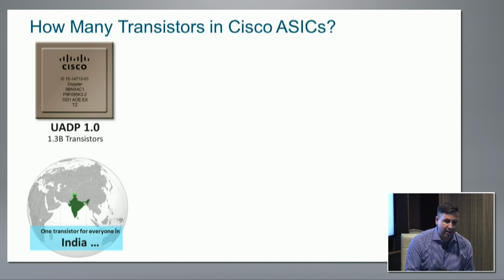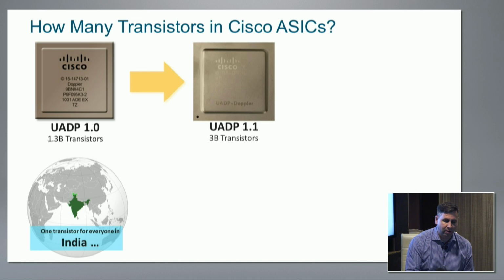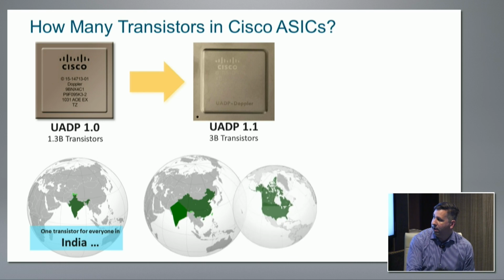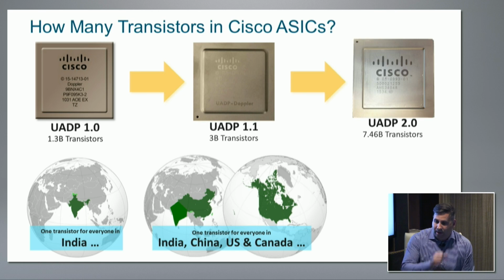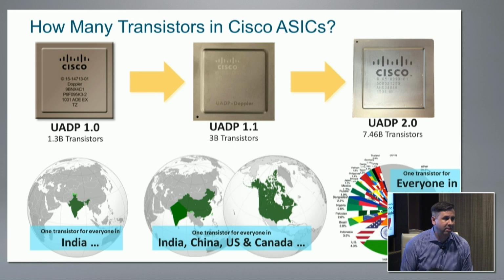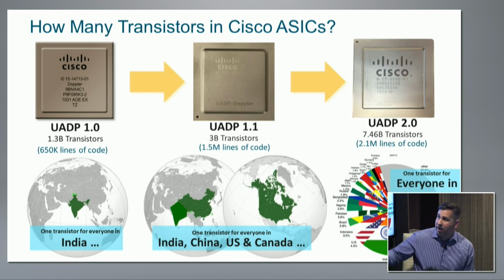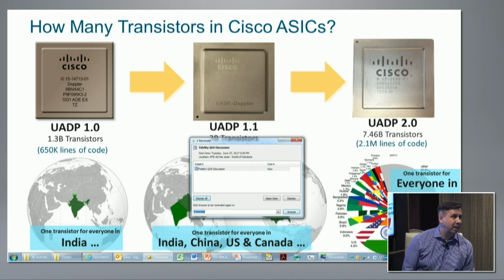We went from UADP 1.0 to 2.0, or 1.1, from 1.3 billion transistors to 3, and then we went up to nearly 7.5 billion. That's about a transistor for every person in the world. That's just really phenomenal power. What that translates to as far as programmability is the ability to program up to 2.1 million lines of code and have it execute in hardware. It's a tremendous amount of power.